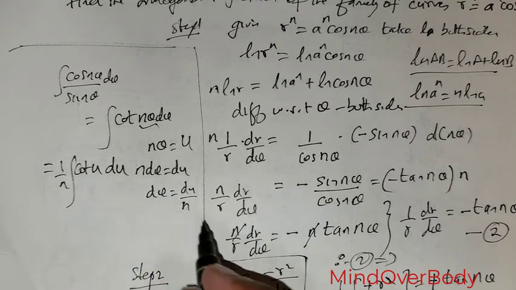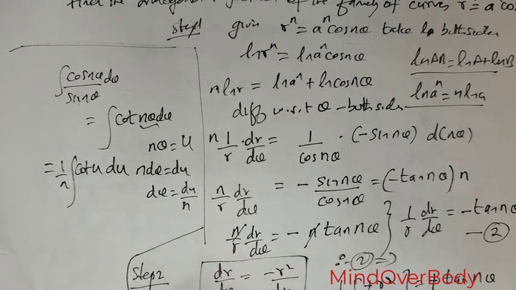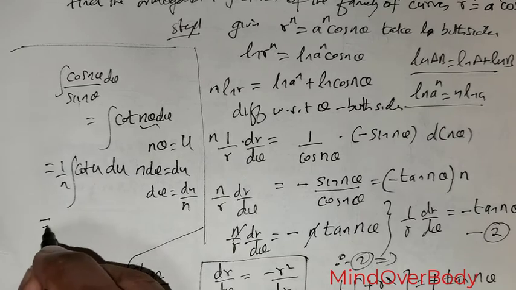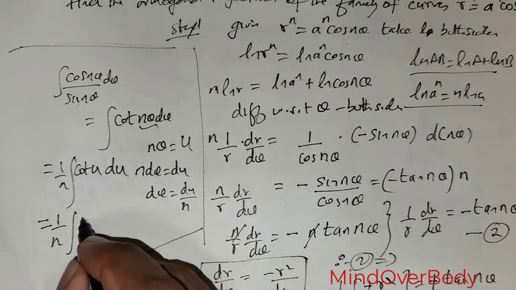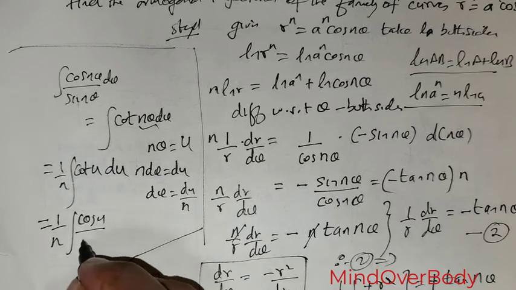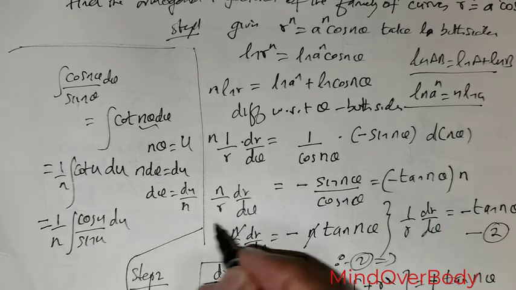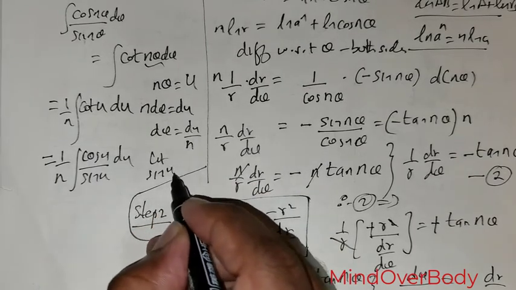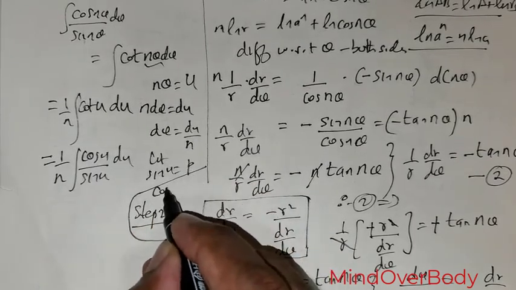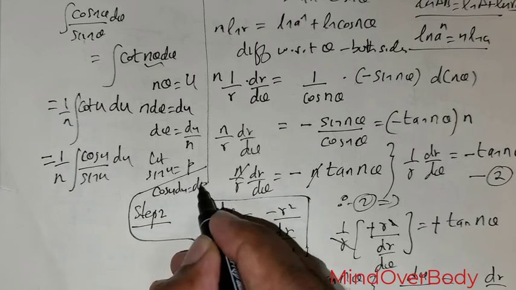I know the formula, but just for the sake of understanding, I am going to be making a substitution. So this is 1 over n integral cot u is going to be cos u divided by sin u times du. I am going to take, let sin u be equal to some p, so cos u du is dp.